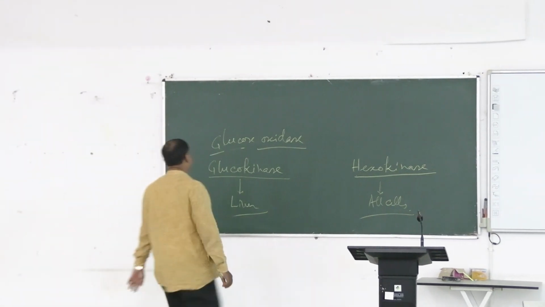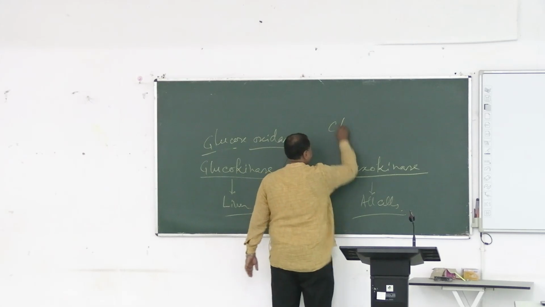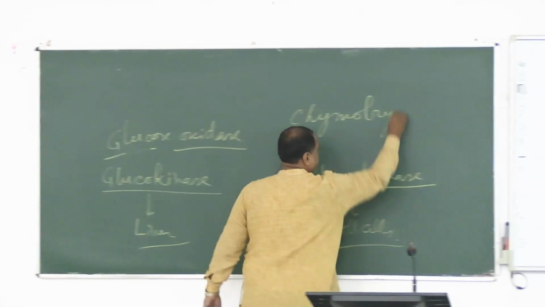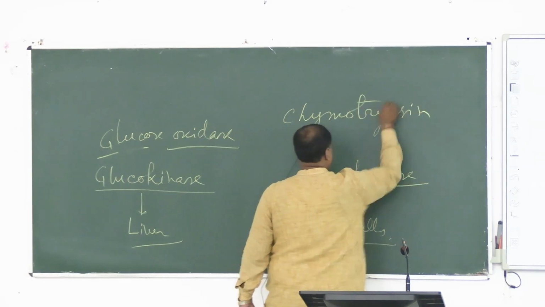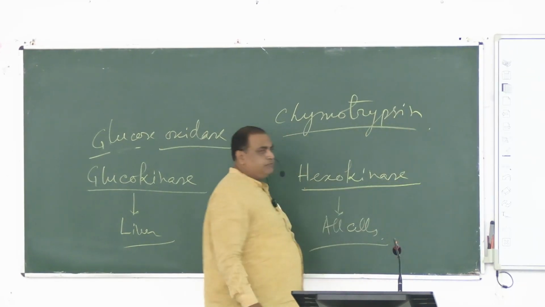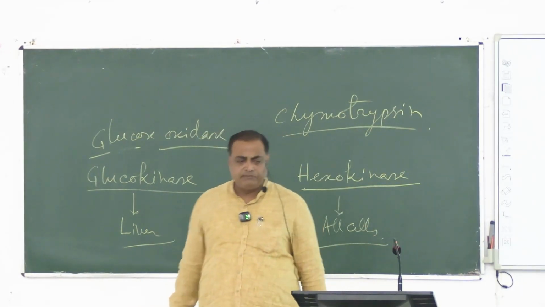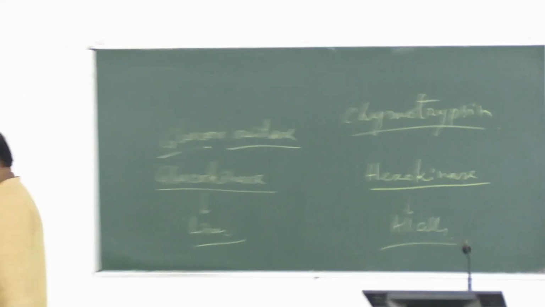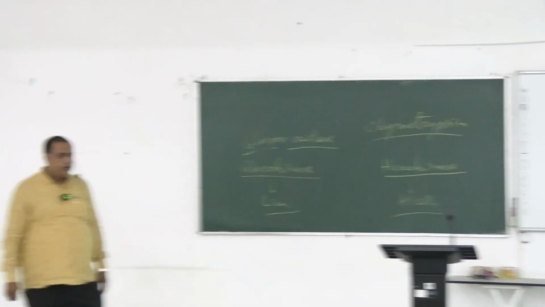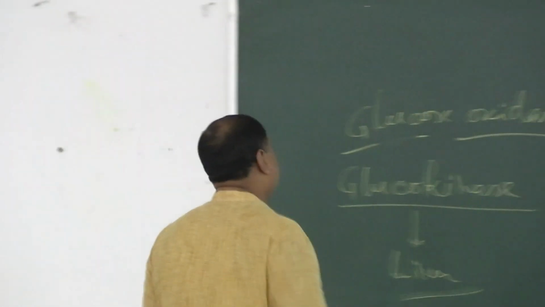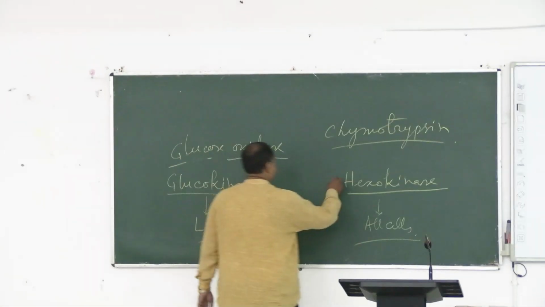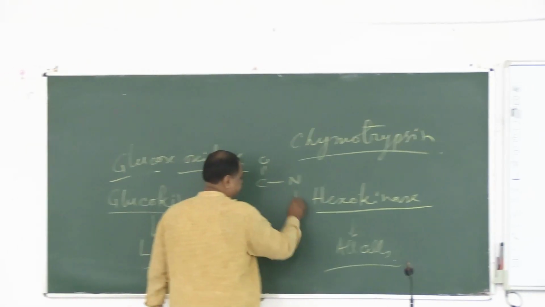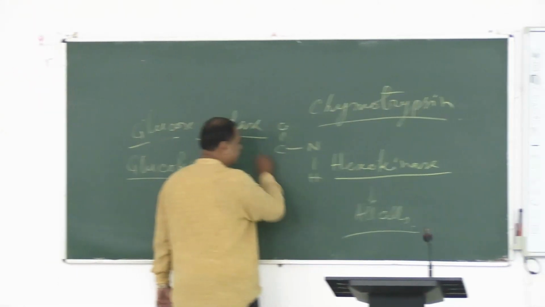Say, chymotrypsin, an enzyme secreted by the pancreas, a proteolytic enzyme, is specific to the peptide bond where the C-terminal end, this peptide bond means like this, right?